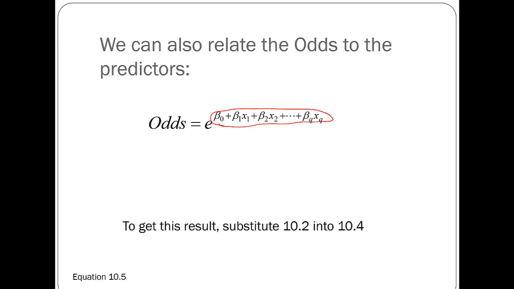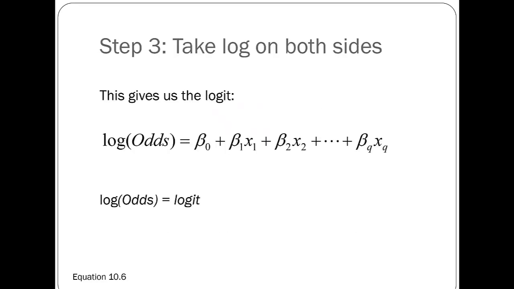So we have e raised to some linear power, and so if we take the log of both sides, then we have the log of the odds is equal to beta 0 plus beta 1x plus beta 2x and so forth. So this is our linear function of the x's, and we're going to say that's equal to the log of the odds, and this is what we call the logit function.